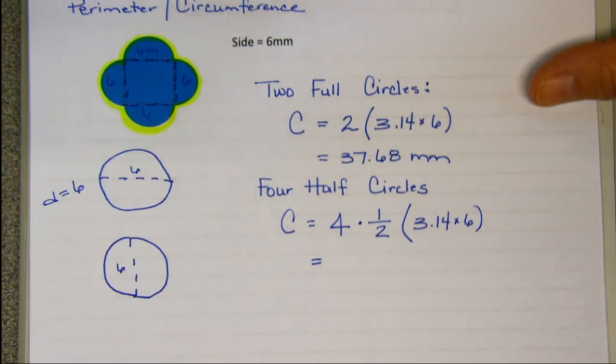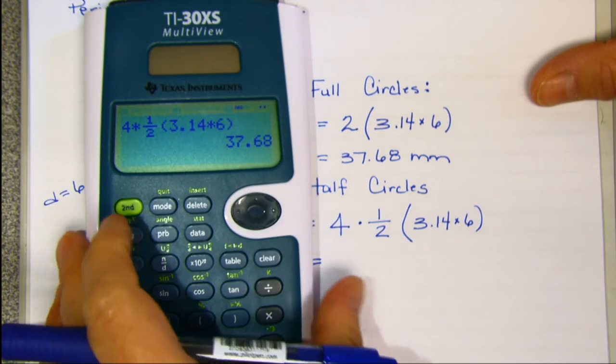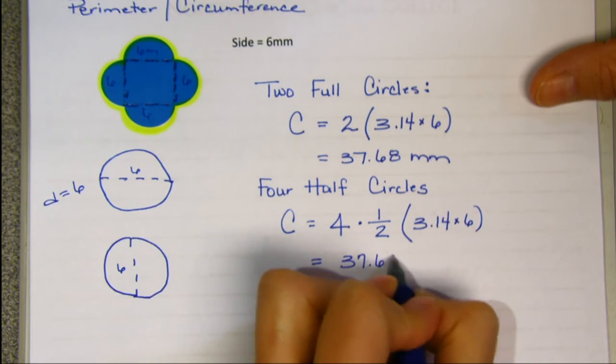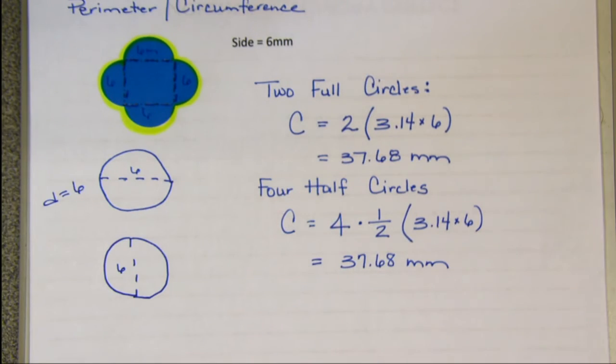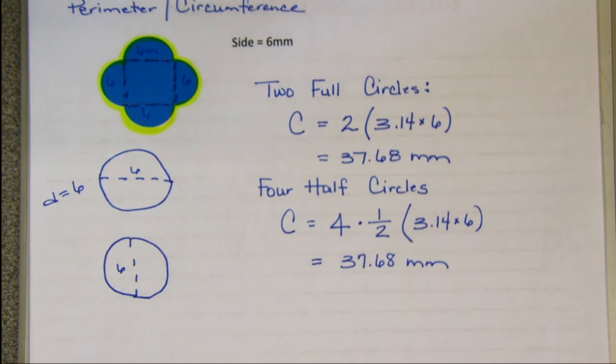So if you'll notice, if I calculate that, 4 times 1/2, open parentheses, 3.14 times 6, I get the same answer, 37.68 millimeters. So regardless of whether you look at it as 2 full circles or 4 half circles, you're going to get the exact same answer. Okay.